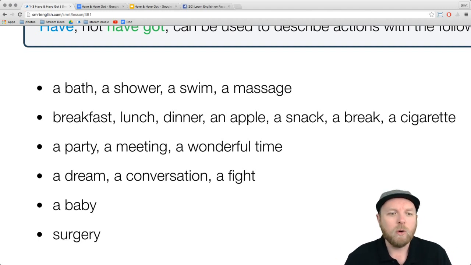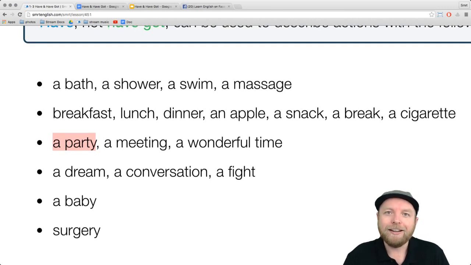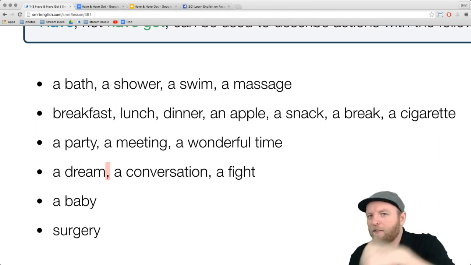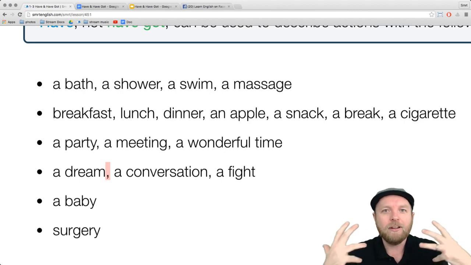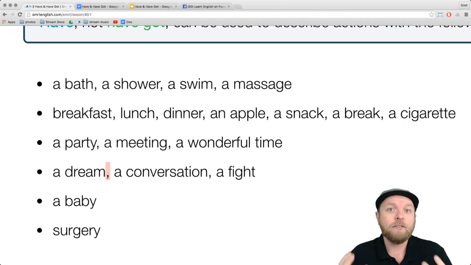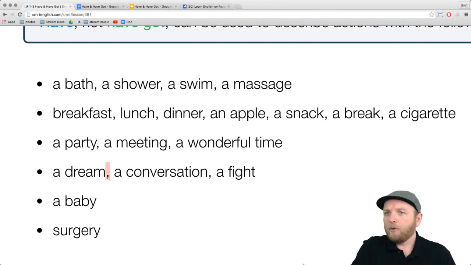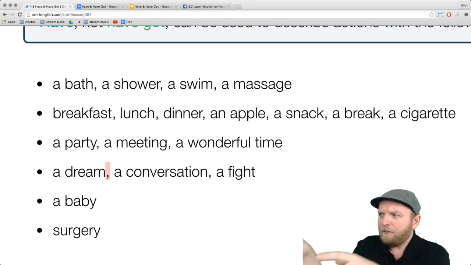Well, what do you mean do? Well, like in English we say have a party or have a meeting, have a wonderful time, have a dream, right? In English you have a dream. Oh, I'm having a dream. Well, I'm not sleeping right now, right? Do a conversation? No, in English you have a conversation. You have a fight, okay? Sometimes students say fight or do a fight. Well, in English you can have a fight. And, oh, those guys right now, they're having a fight.